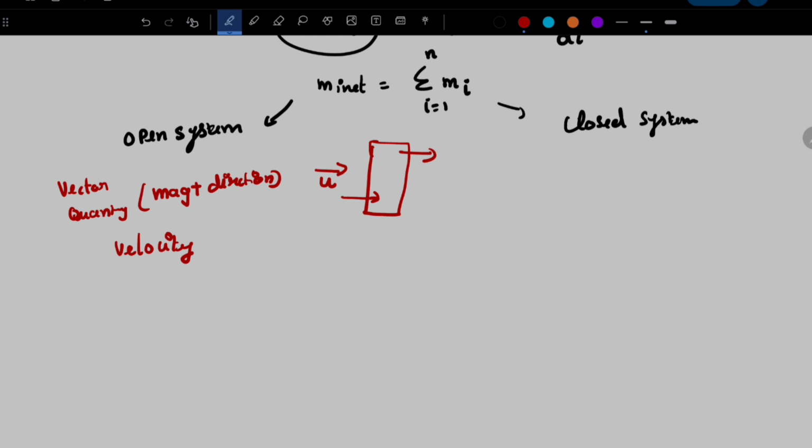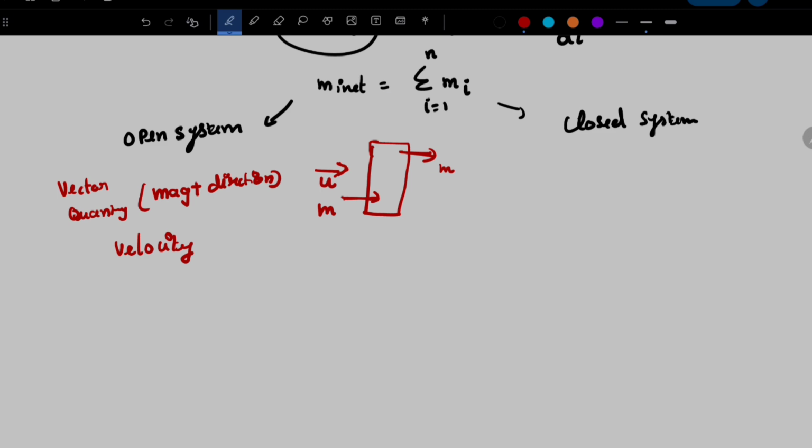I'm denoting the velocity as u, and I'm putting the direction here. So this is the open system, where the system is open to entry and exit. Mass can enter and mass can exit, so it's an open system.